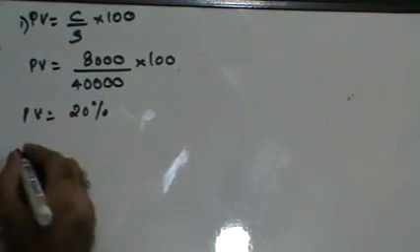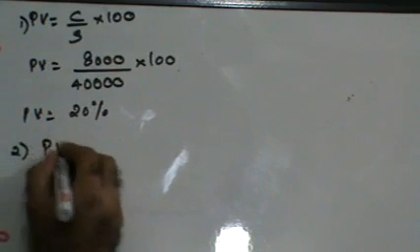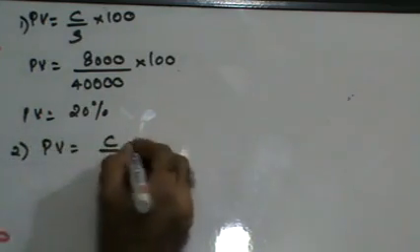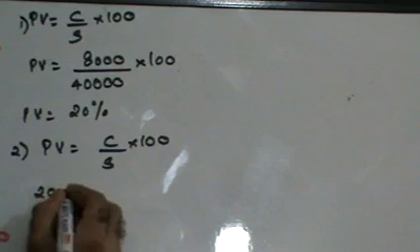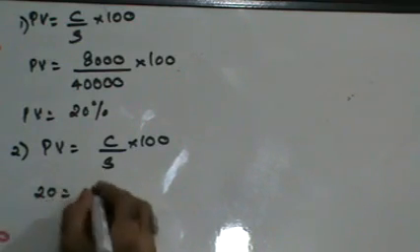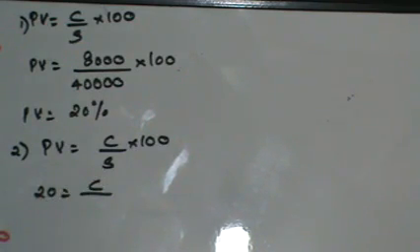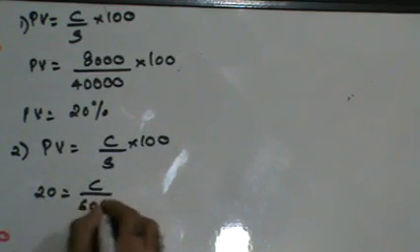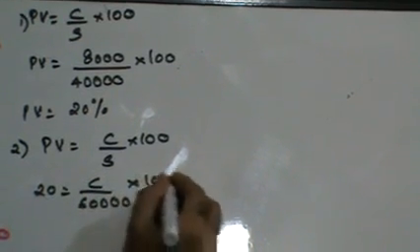Once I know the value of PV, I can say that PV is again equal to C upon S into 100. So 20 is C. Now I will consider my sales to be 60,000. For 60,000 sales into 100, 0 gone. 6 2s are 12, 12,000 is equal to C. Contribution is going to be equal to 12,000.